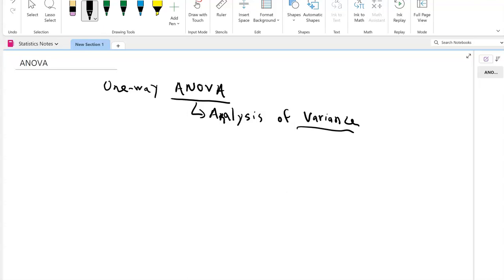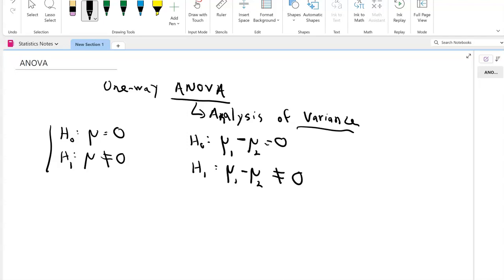So far, what we have done is we have tested a hypothesis where our sample mean was equal to one specific value. We have also tested two-sample tests where we have two separate samples, and we tested whether the means of those two samples are equal or not.